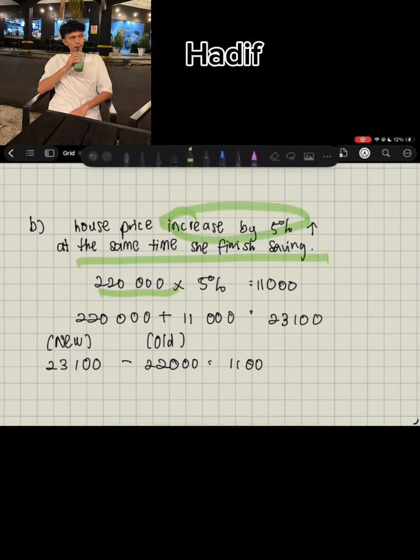Now we get 11,000. We add this to get the new price, and this is the new price. Then how to get the increase in price? This is old, this is new, so we minus the new minus the old, and we get 1,100.